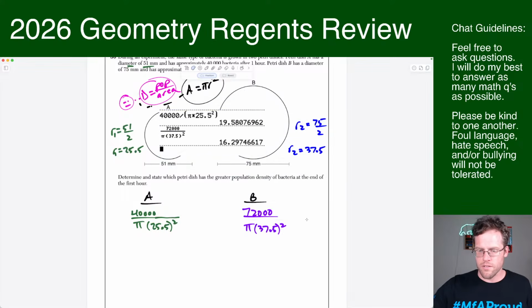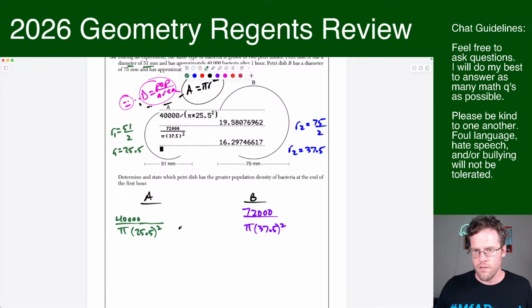And now I just write out the densities. So the density of A is 19.58. I'll just round to the nearest hundredth. Actually, you know what? I'll go to the thousandth, because the digit to the right of the 8 is a 1. And then this one is 16.297.